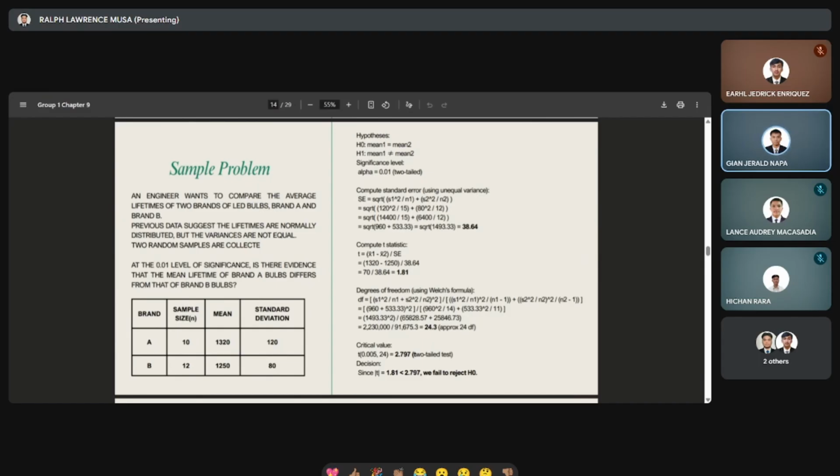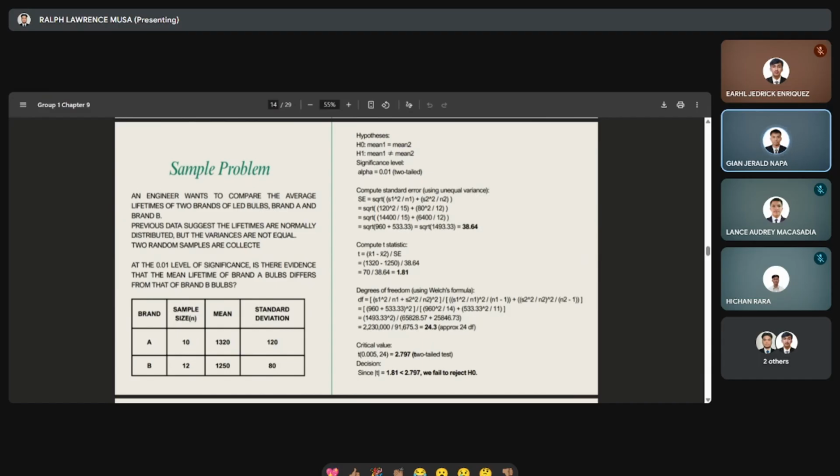For brand A, our sample size is 10, our mean is 1,320, and our standard deviation is 120. For brand B, our sample size is 12, our mean is 1,250, and our standard deviation is 80.